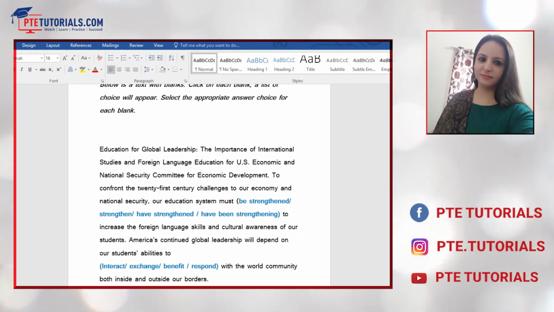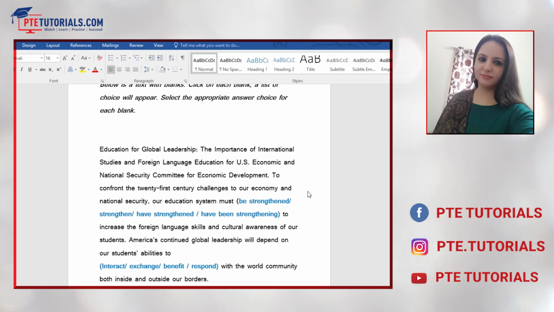Education for global leadership. Okay, fine. I'm not going to read the very first line because it doesn't have any blank. If I don't get the meaning of the statement where I have a blank, I will read the first sentence so that I can capture some of the words.